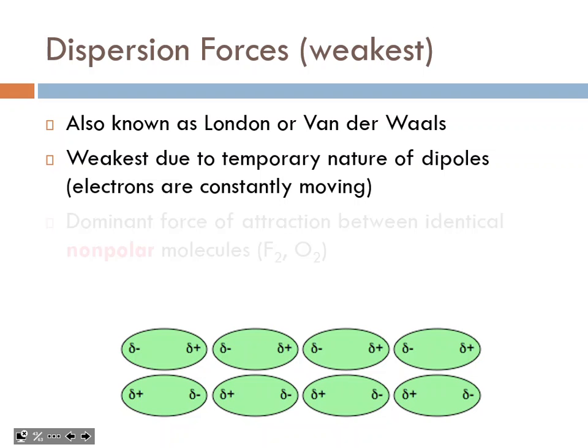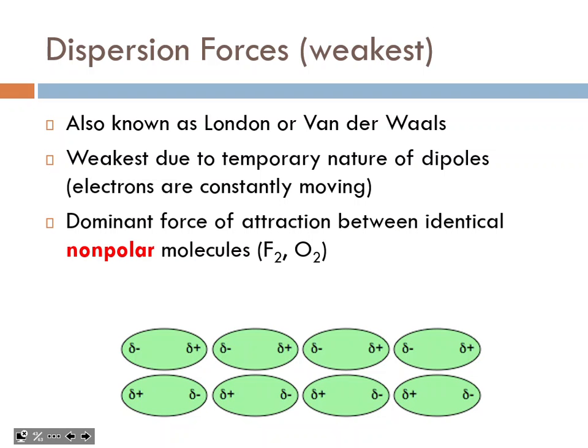Now, London dispersion forces are the weakest. We know these apply only to nonpolar substances or things like noble gases that have electron clouds. Remember, their strength increases as you add mass, more electrons, a more polarizable cloud, therefore a stronger London dispersion force if it's bigger, okay?